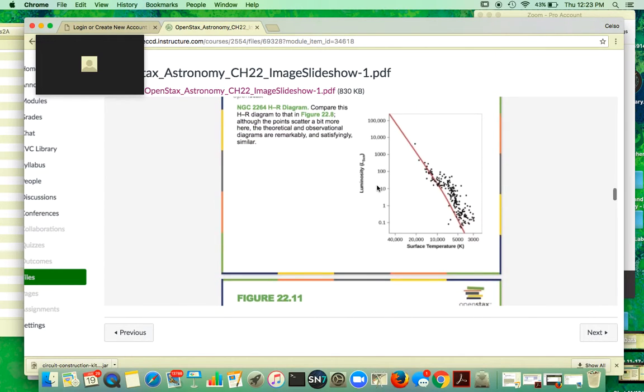Now, eventually, the core of carbon and oxygen cannot be fused anymore in low mass stars. Tomorrow I will talk about high mass stars.